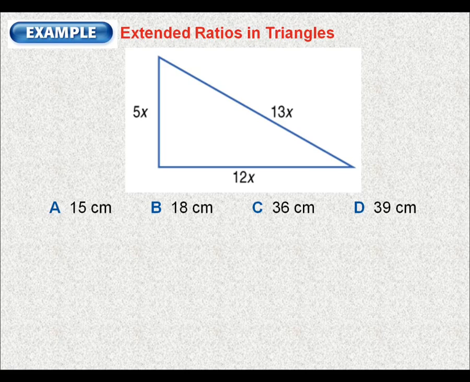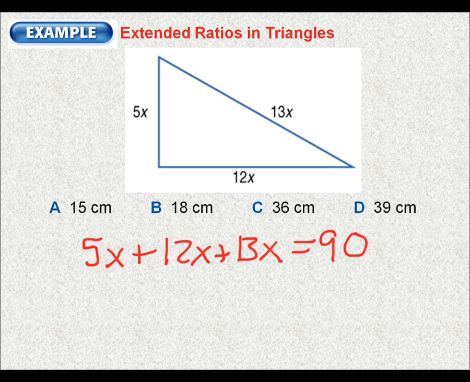This side needs to be a multiple of 5, this side a multiple of 12. So I want the perimeter, 5x plus 12x plus 13x, to equal 90, right?